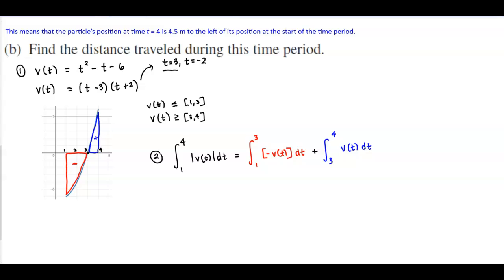So what does that tell us? Well, since we know it's negative, we have this integral going from 1 to 3 of negative times the function, which is t squared minus t minus 6 dt, and then plus the integral that goes from 3 to 4 of t squared minus t minus 6 dt.